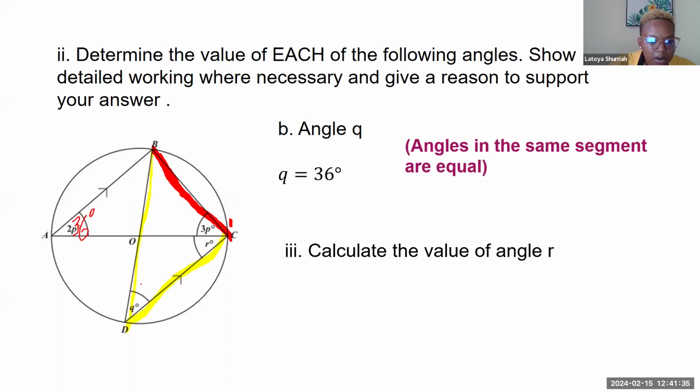Right here is also 36 degrees. So we know that those are 36 degrees. What about R? R is very easy. Very, very easy.